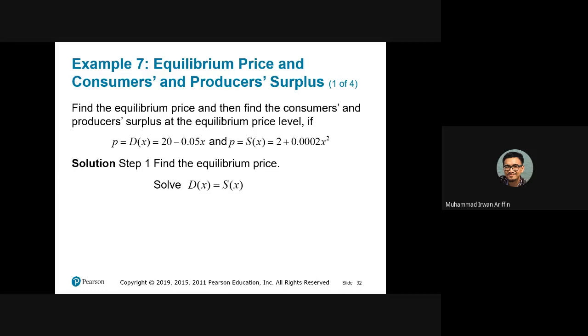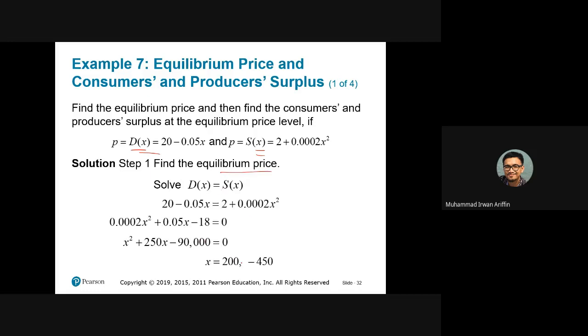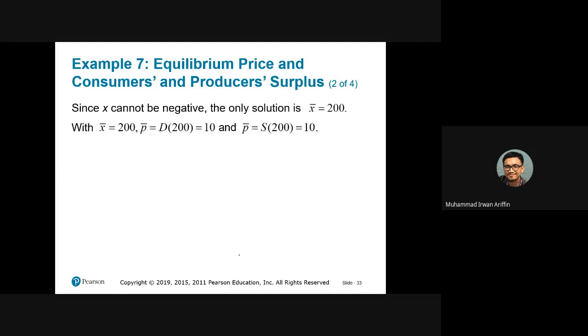It's just that sometimes you need to do some additional steps, such as finding the equilibrium price. You are given the demand equation and the supply equation, so you need to find the equilibrium price. Once you solve for the equilibrium price, you need to solve for the equilibrium quantity. This one you can rule out because quantity can never be negative.